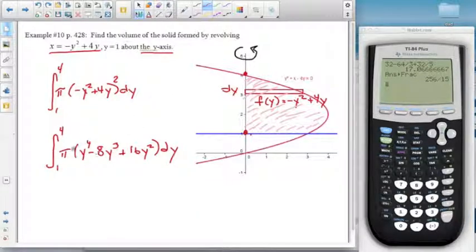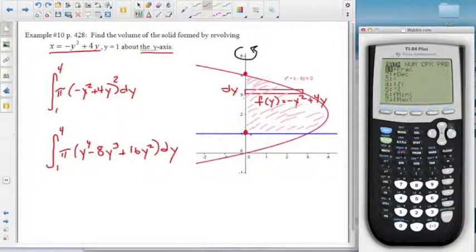And again, I'm going to use the integration capabilities of my calculator here. So I'm going to go down to fnInt, that's option 9, and enter my function here. And my function is y to the 4th. In this case, I'm just going to use the variable x.